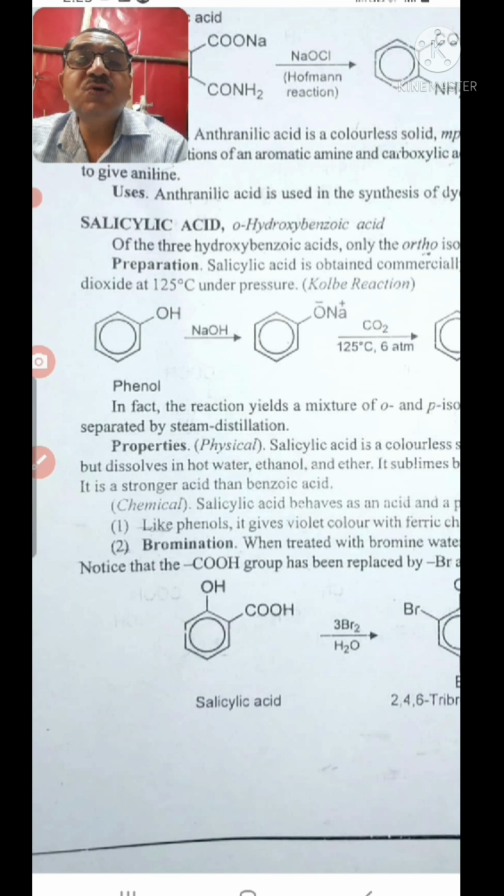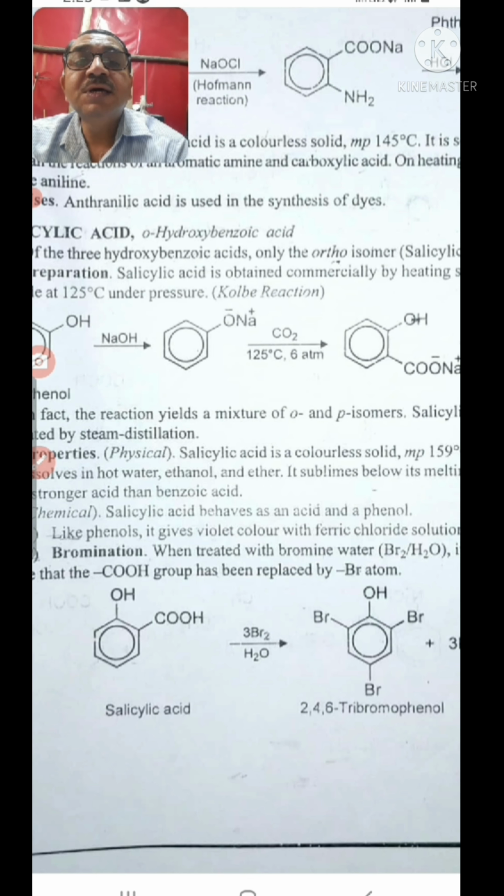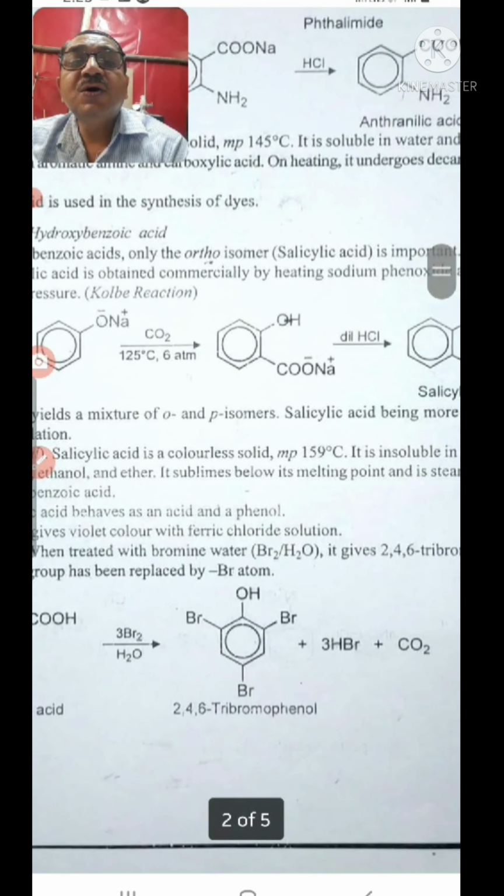So this sodium phenoxide, on treating with carbon dioxide at 6 atmospheric pressure at 125 degrees centigrade, gives orthohydroxybenzoic acid or salicylic acid.